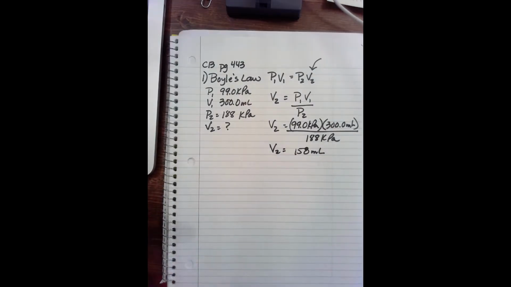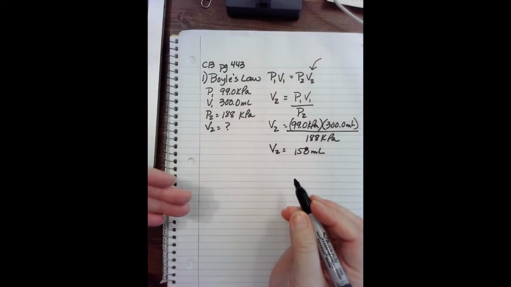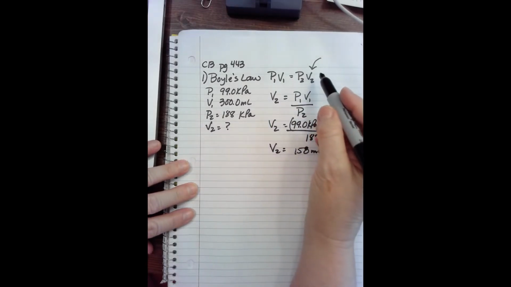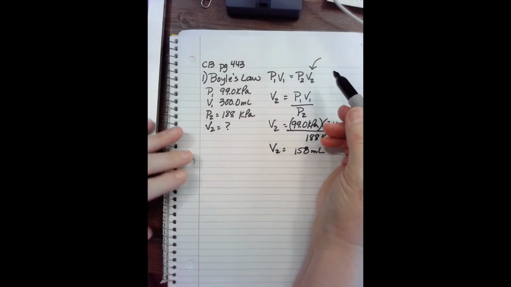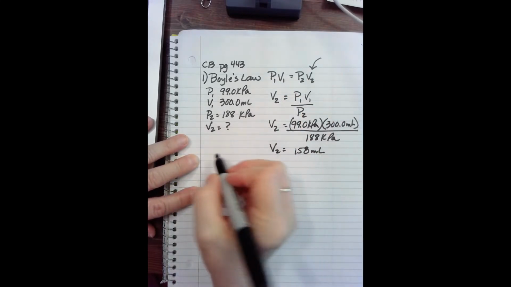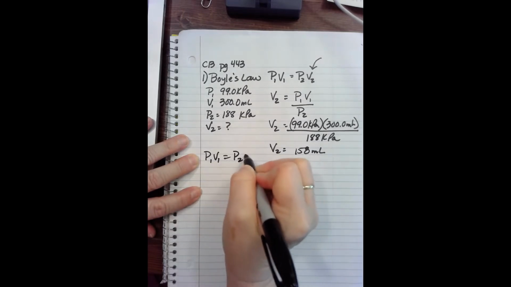All right, so I do want to show you what I was talking about in the introductory video about how I would typically solve this problem, and I would talk with you about this if we were in class. So I would take the Boyle's law equation, P1 V1 equals P2 V2.